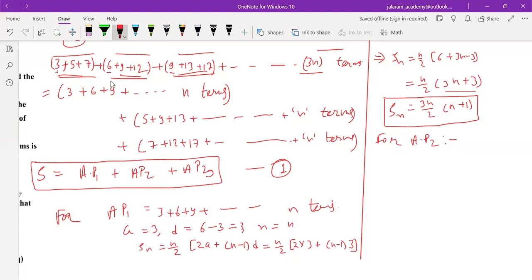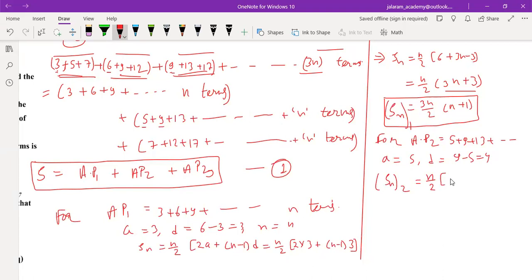Then for AP2, write AP2. AP2 is 5 plus 9 plus 13 and so on up to n terms, where a equals 5, d equals 9 minus 5 equals 4. If we write the sum of n terms of the first AP as Sn1, the sum of n terms of the second AP is Sn2.